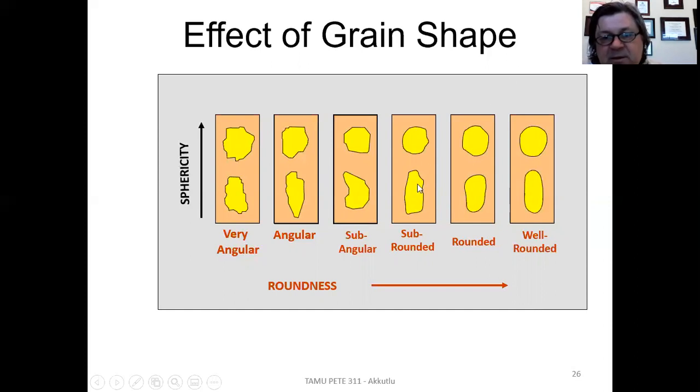Okay. So these are, for example, well-rounded samples. There are no angular features. It's really smooth and nice. But at the bottom, it's more platy, more elongated. And as it goes up, it becomes more spherical. So sphericity is increased, right?